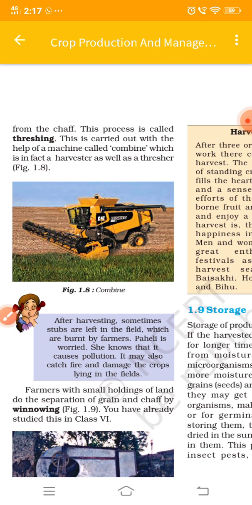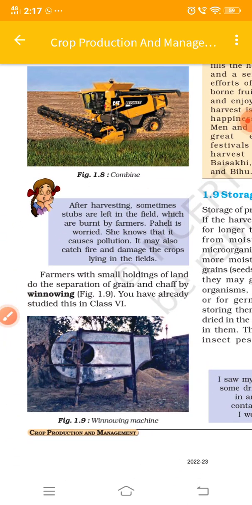In threshing, the dried plants are cut, such as maize, and we crush it, or we can beat it on a hard rock, so that the seeds, the grains, are separated. This is carried out with the help of a machine called a combine, which is in fact a harvester as well as a thresher. Nice, 2 in 1.